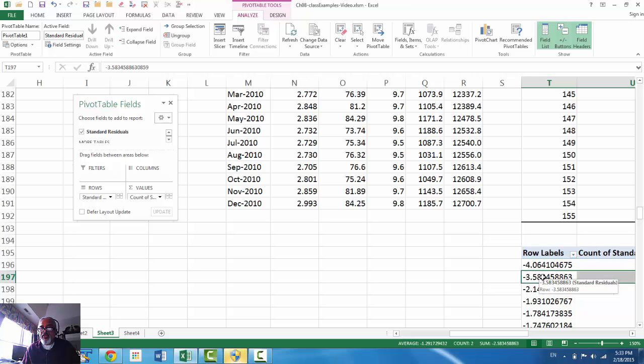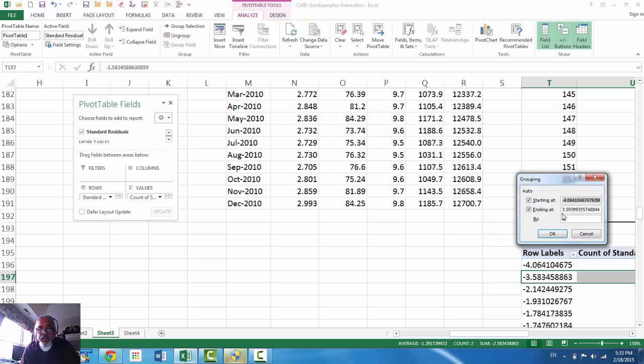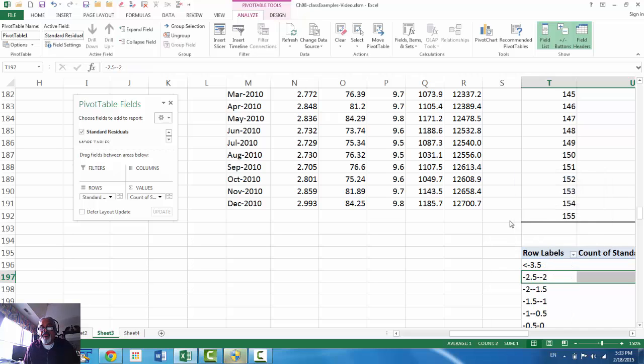Select any value here, right click and go to group. Let's group this from, say, minus 3.5 all the way through positive 3.5 in increments of 0.5.